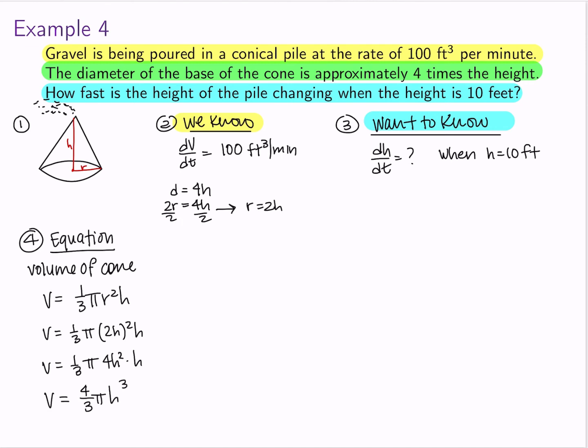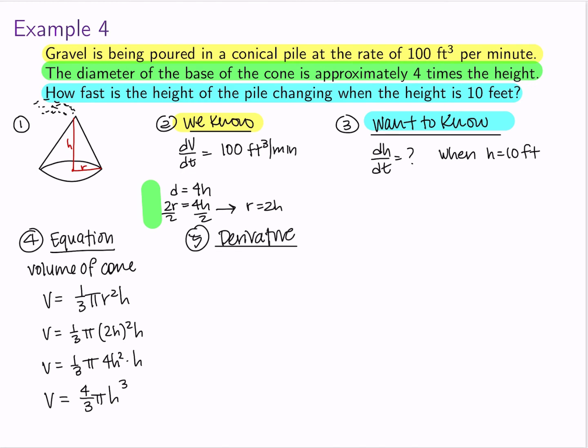So for this particular situation, this is the volume equation I'm going to use because I needed to get rid of a variable, and I got rid of the variable R by knowing how R and H were always related throughout the entire time. So we'll label that as green right there so we know where we got that from. All right, so step 5 is we need a derivative.